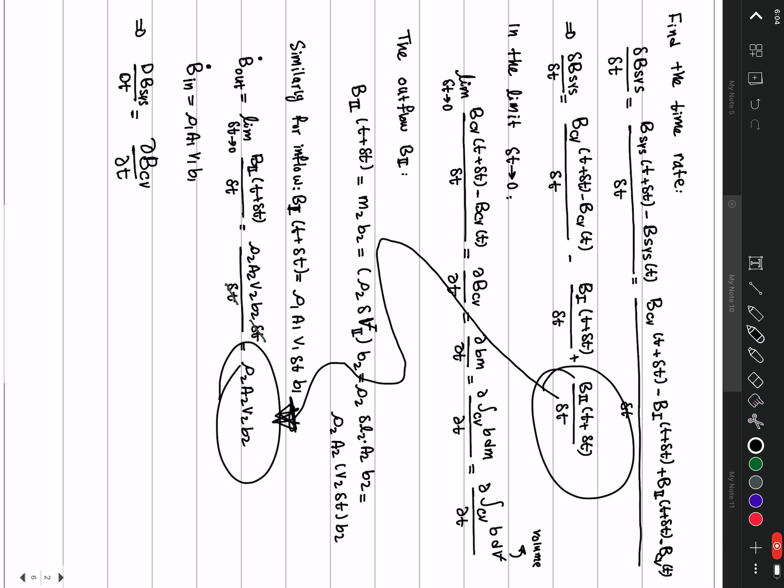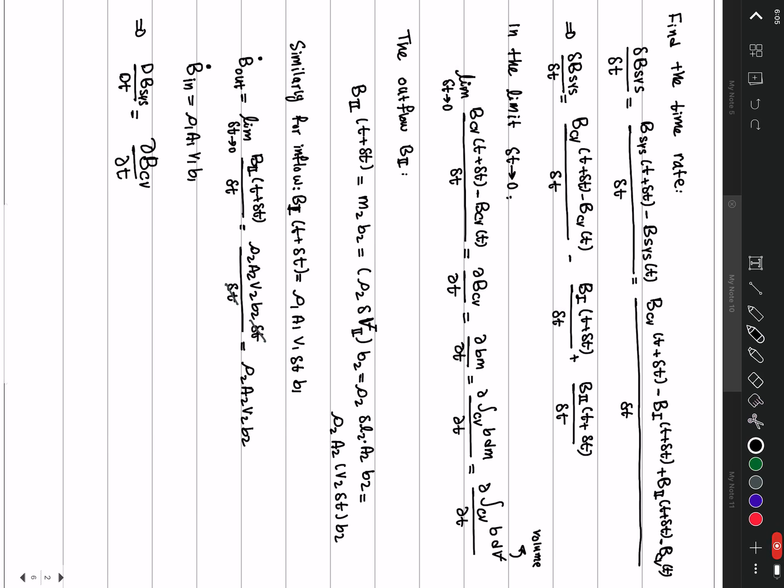Or I can just write it down as B dot out. So plus B dot out minus this term. What is this term? It's just B dot in, right?